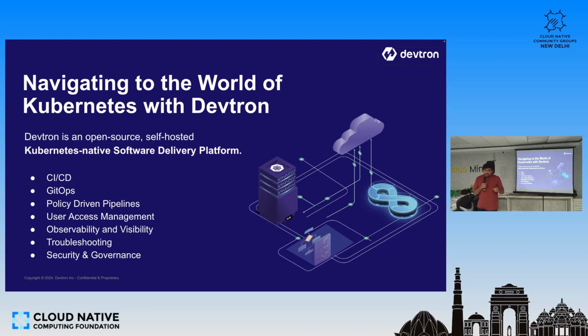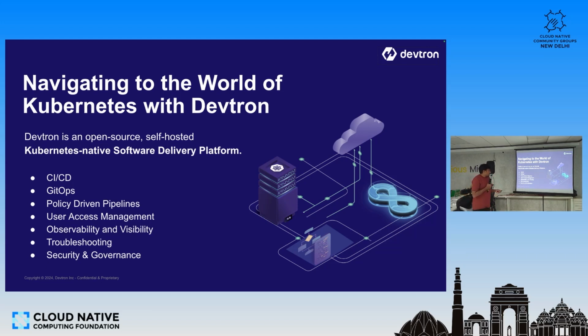You can enforce a SonarQube plugin in the pre-CI pipeline to perform static code analysis, and then the build will be done. Then we have image scanner plugins, which can be enforced in the post-build stage to scan the image for vulnerabilities.